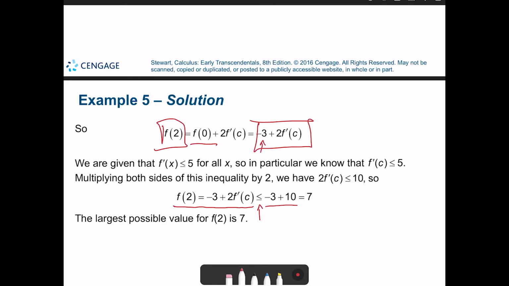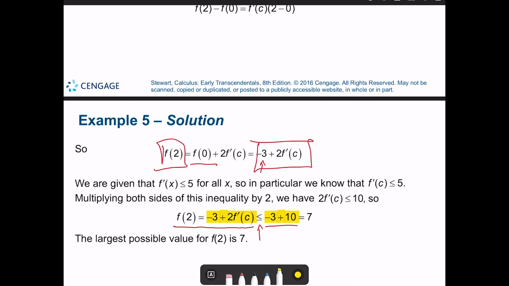Why is that going to be less than or equal to -3 plus 10? I'm seeing a -3 here. I'm seeing a -3 here. Those kind of match up. And then I could even match up the plus sign with this plus sign. But how does 2 times f prime of c become a 10?